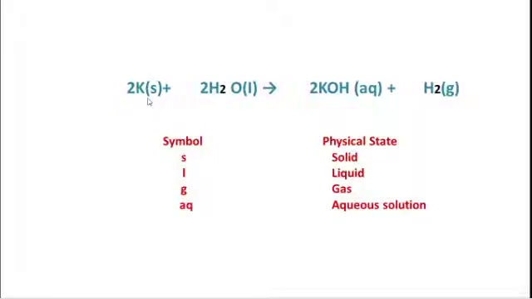In this reaction, 2K plus 2H2O, this is solid state, this is liquid state, to form 2KOH in aqueous state, that is a substance dissolved in water, and H2 gas is formed. So symbol S means solid, L liquid, G gas, AQ aqueous solution.